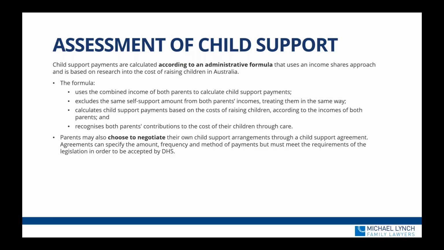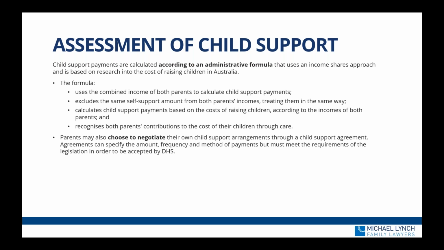Assessment of child support. This is probably the biggest part of child support when people ask questions. So child support payments are calculated according to an administrative formula. As I said earlier, that formula is set by the government and it has now been in place since about 1989. It uses an income shares approach and is based on research into the cost of raising children in Australia.